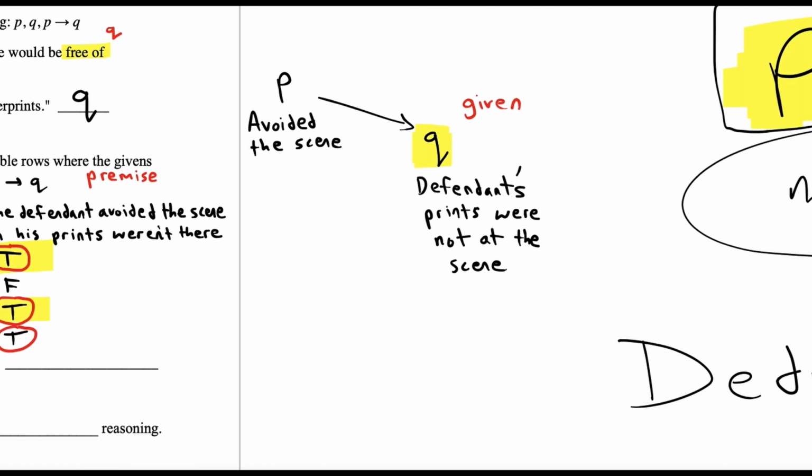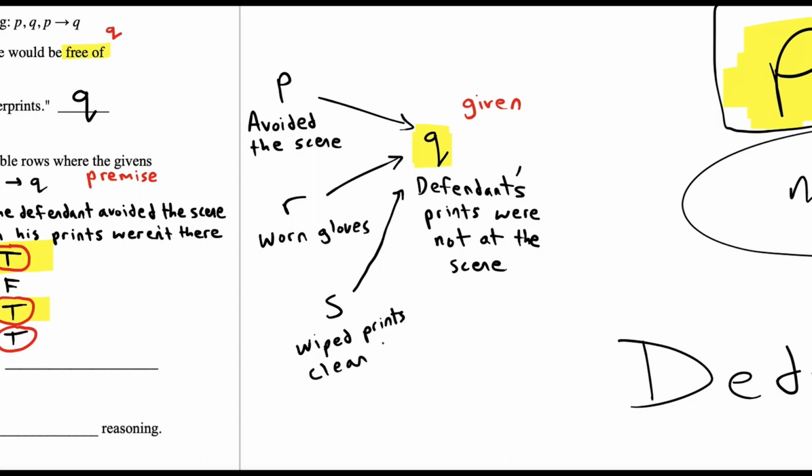So, what are some other causes that could lead to Q besides P? Yeah, if you watch those CSI shows or anything, you might know, yeah, they might have worn gloves. And that's the explanation for Q. And so actually they were at the scene, but just they didn't leave prints for another reason. It's also possible they might have wiped prints clean before they left or something.